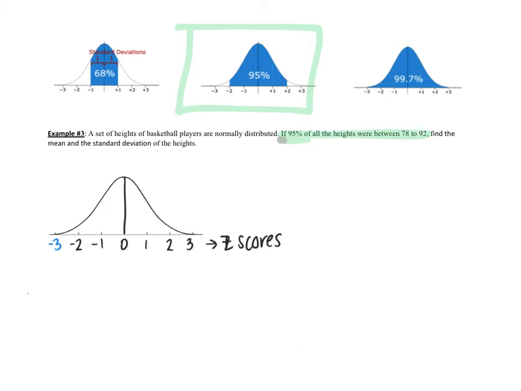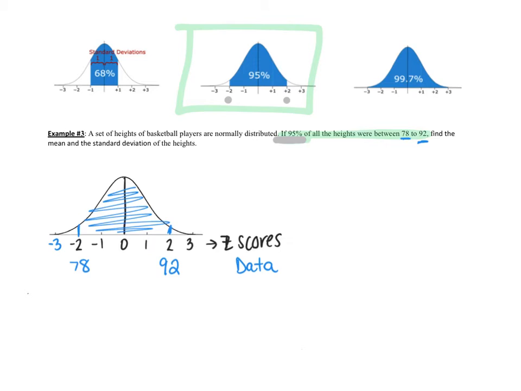So because it says 95%, we're focusing on 2 standard deviations above and 2 standard deviations below. So from here to here is where we're focusing our attention. So 2 standard deviations below, I'm going to put the 78, and 2 standard deviations above, I'm going to put the 92. So these are my data values.